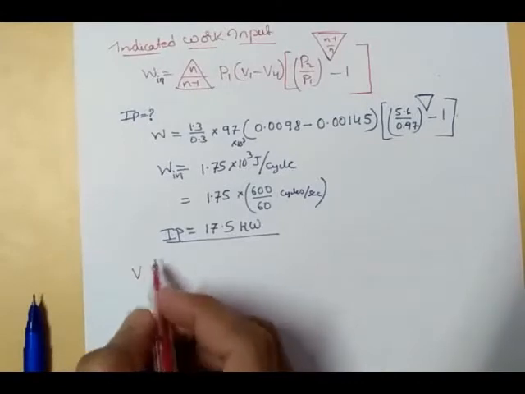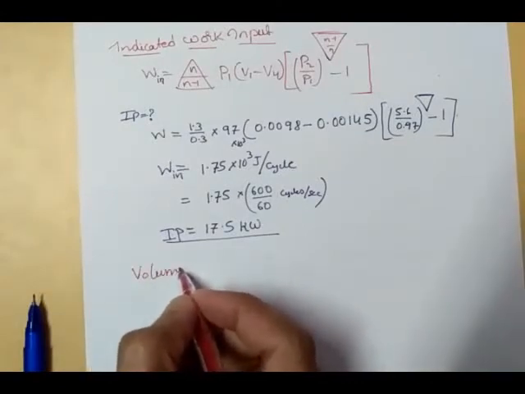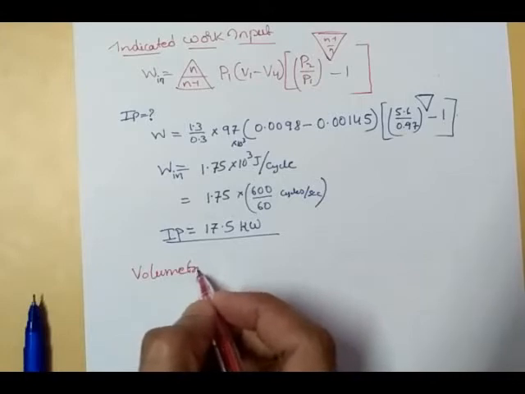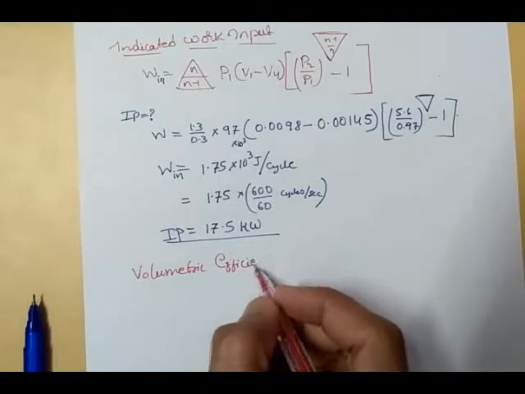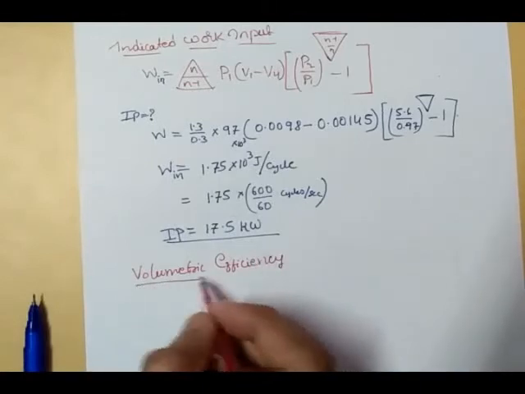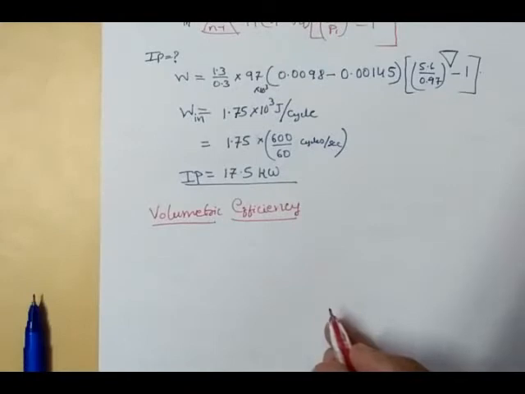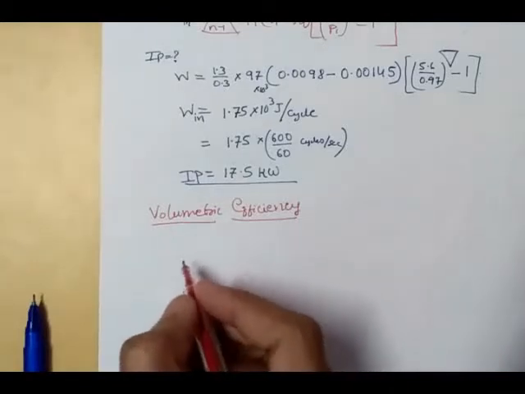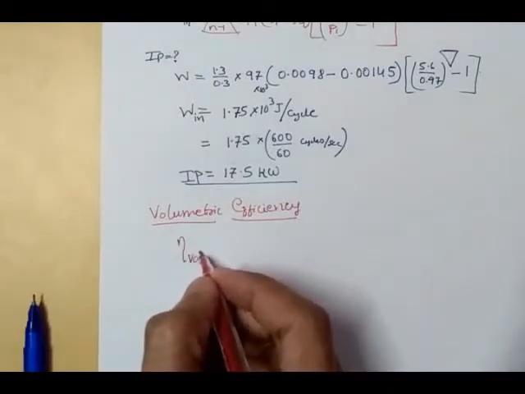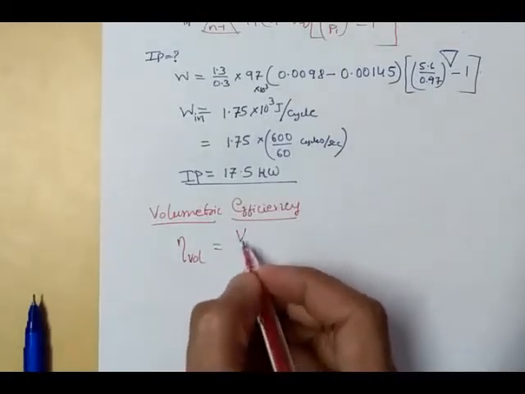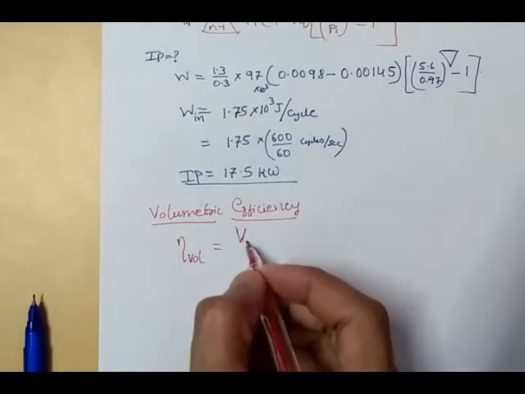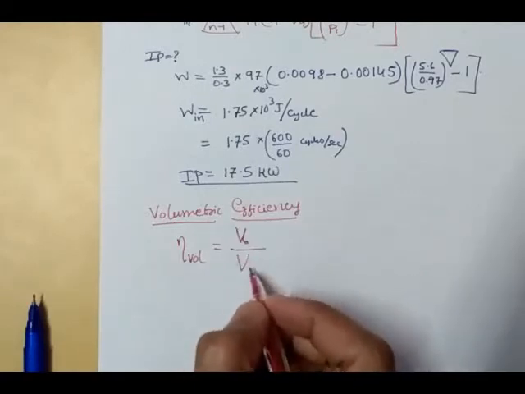So volumetric efficiency is defined as the ratio of actual air taken into the compressor to its maximum capacity. That is, volumetric efficiency is equal to actual air taken to its maximum capacity.